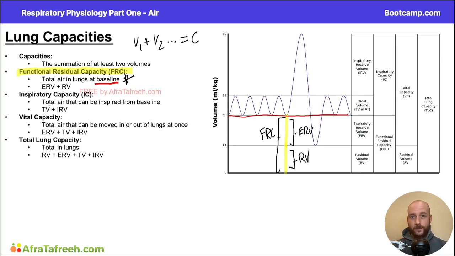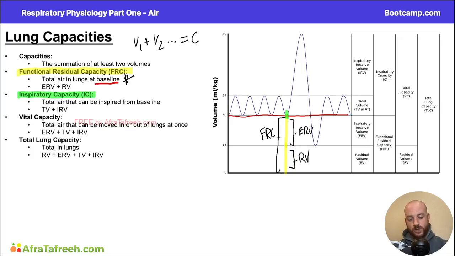So essentially opposite to FRC, we have our inspiratory capacity. And the inspiratory capacity is basically saying, okay, from baseline or from rest or from FRC, and all three of those terms, like we just said, they all mean the same thing. So from this point right here, from FRC, what is the total amount of air that we can inspire overall?